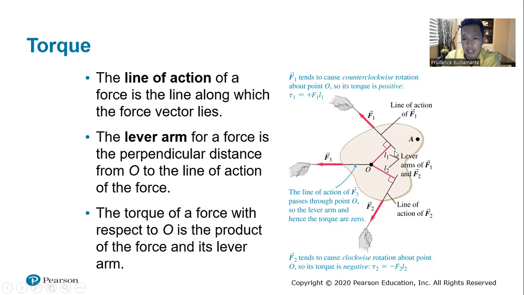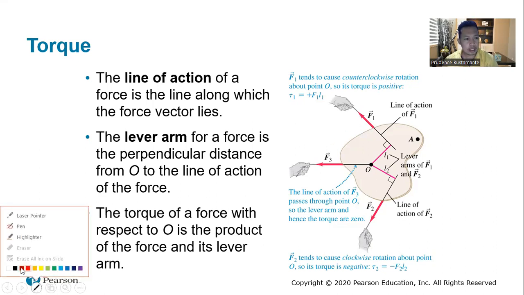From the origin, or the axis of rotation, O, to the line of action, we call that the lever arm L1. The torque is just equal to the force F1 times L1.